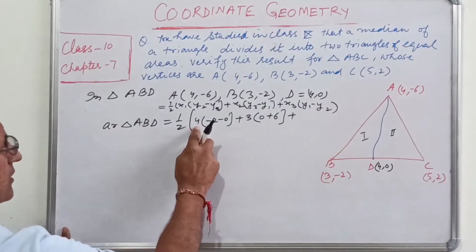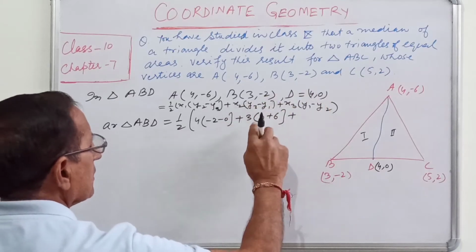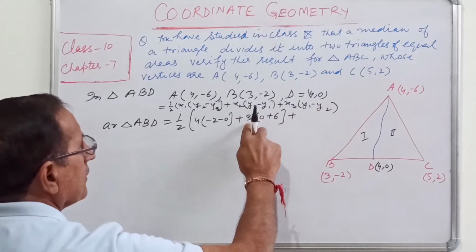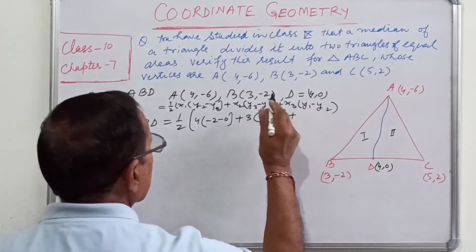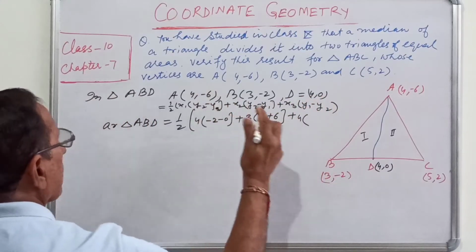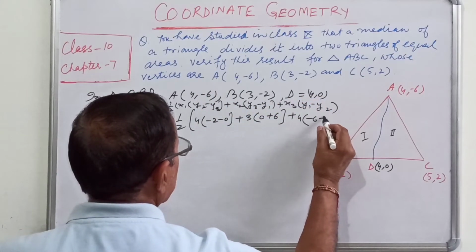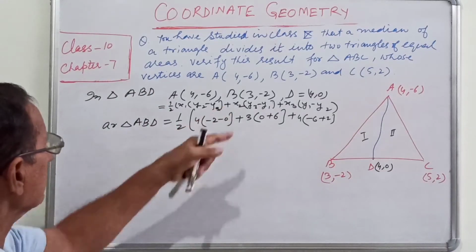So this is x1, y2 minus y3, and this is x2, y3 minus y1, then x3 is 4 into minus 6 plus 2, y1 minus y2.